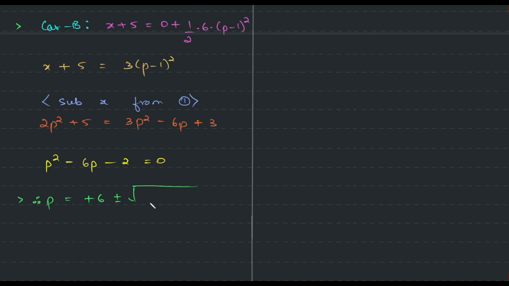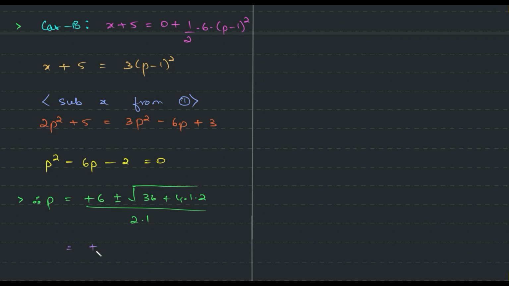Anyways, this is right though. So this is minus b plus or minus root of b square minus 4ac, all over 2a.